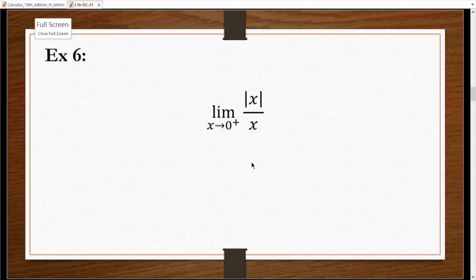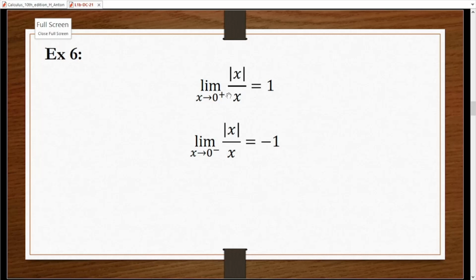So, for example, we are going to determine the limit of the absolute value of x divided by x as x approaches 0. So, disregard nyo muna itong symbol. So, kung gagamitin natin yung one-sided limit, una, kunin natin yung positive.